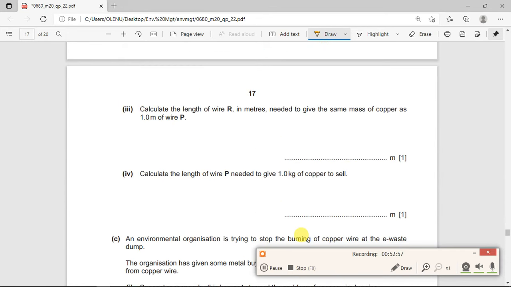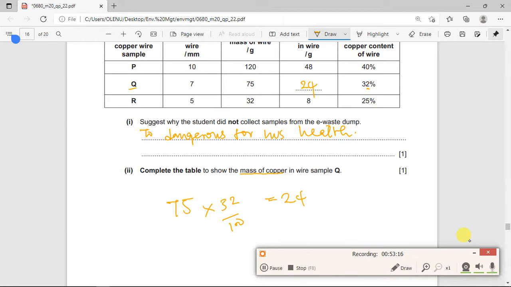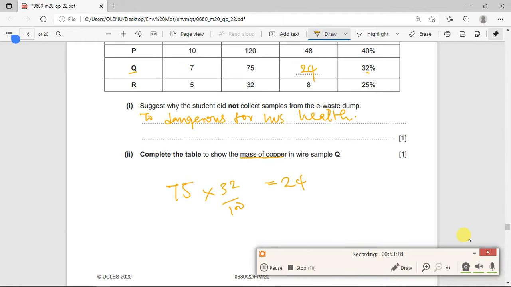Next, they say calculate the length of wire R in meters needed to give the same mass of copper as 1 meter of wire P. The mass of copper in wire P is 48.